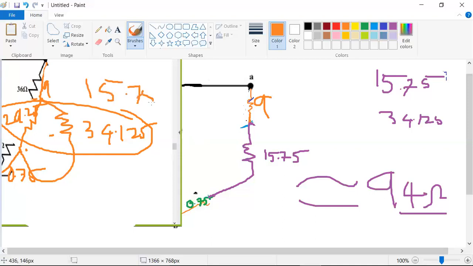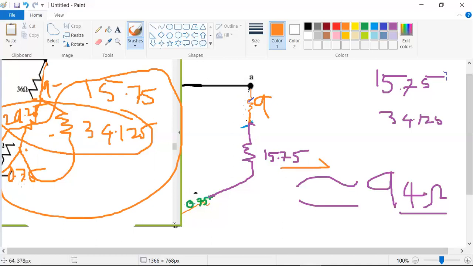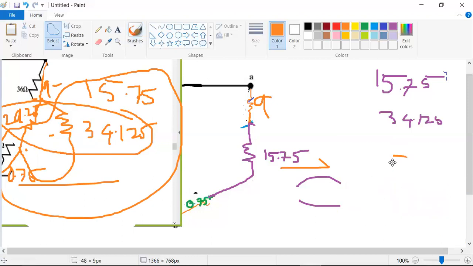Whatever we are doing, all the steps are correct. There are no mistakes from our end. So maybe some calculation mistakes from the PDF end. Don't worry, whatever your process is, it is correct.